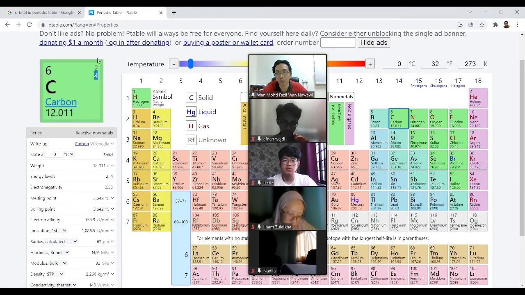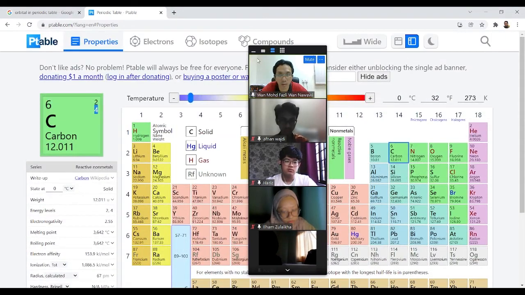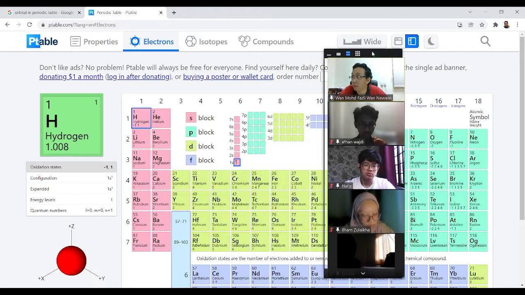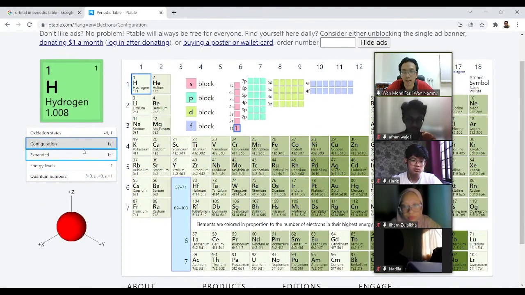Let's go to here. Do they have the electronic configuration here? Okay, you can see this configuration. Here, hydrogen is 1s1.